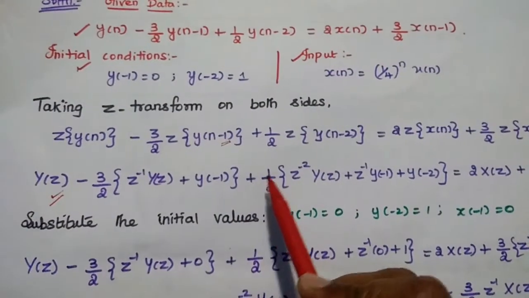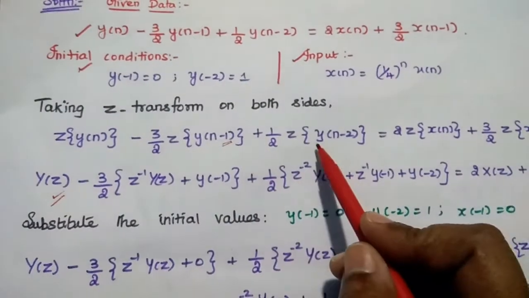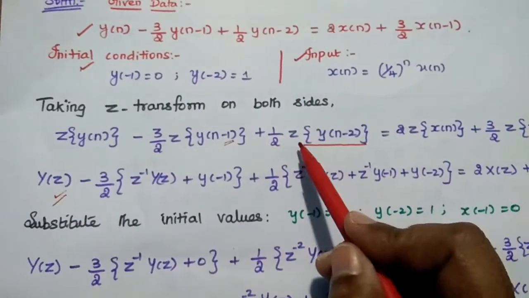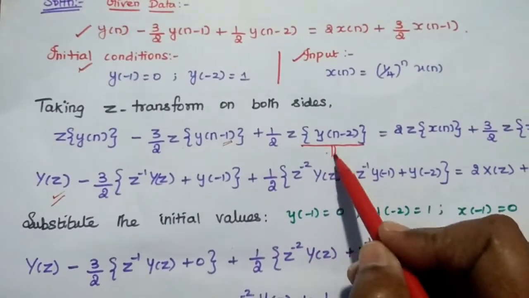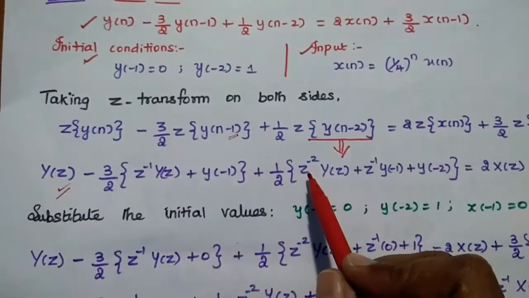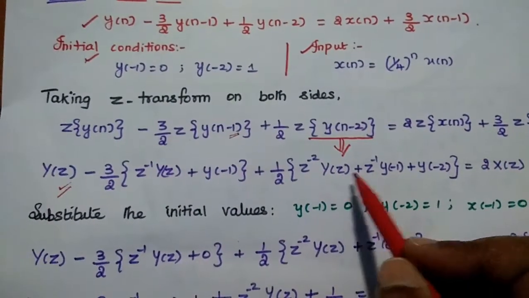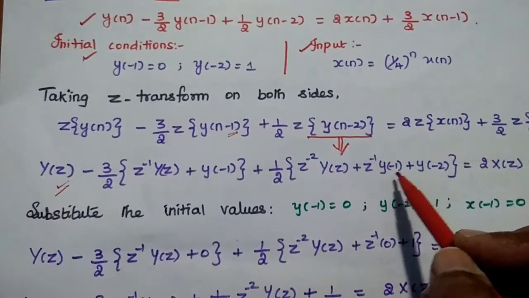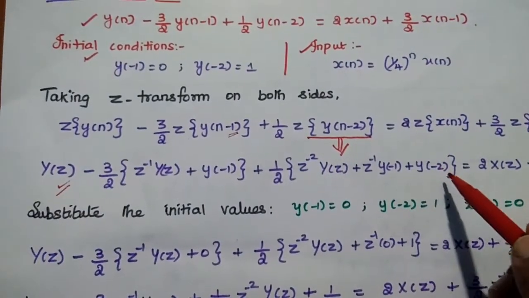Plus 1 by 2 into Z transform of y of n minus 2, which is two units delayed, so we write z power minus 2 y of z plus z power minus 1 y of minus 1 plus y of minus 2.